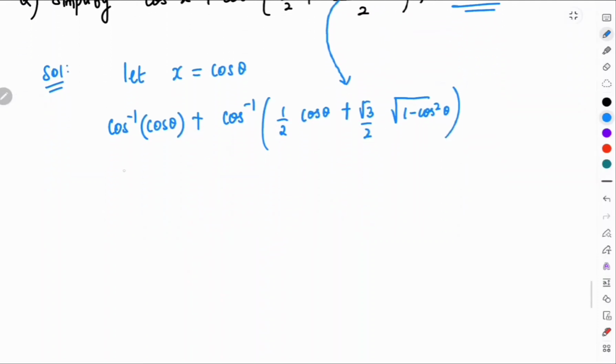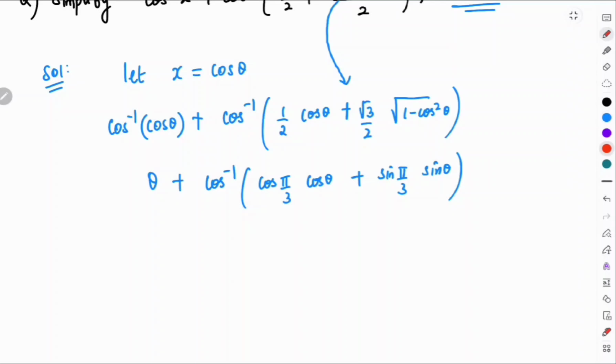So the next step is as follows. Cos inverse of cos theta is theta, plus cos inverse of, I can write half as cos pi by 3 cos theta plus sin pi by 3, and I get sin theta.